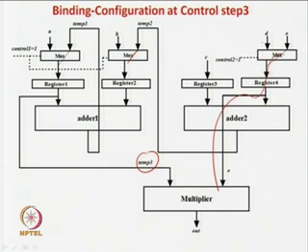Register number 4 was storing D in the first step, and in the third step it is storing the value of E so that it can be multiplied with temp 3. So register 4 is storing the value of D as well as E in 2 different time steps.